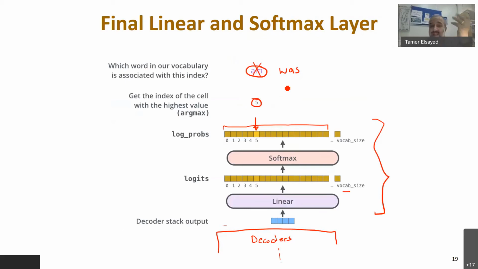So in training, if that 5 corresponds to was, we know that it is wrong because it's supervised. For each French sentence, we have the correct English sentence. So we know that was is wrong.